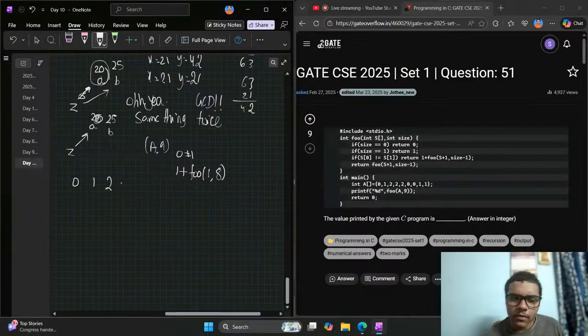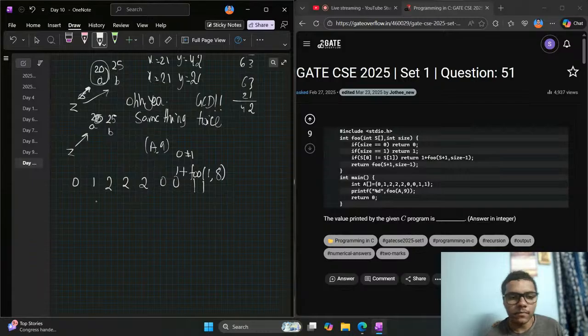Zero, 1, 2, 2, 2, 1, 1. It is pointing to this one. So 0 is not equals to 1. So this will be executed. 1 plus s plus 1 now points to 1 and 8.